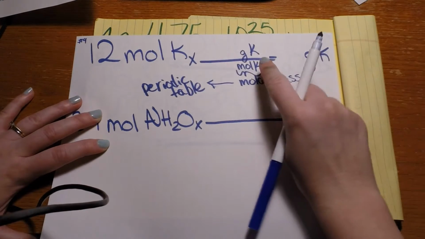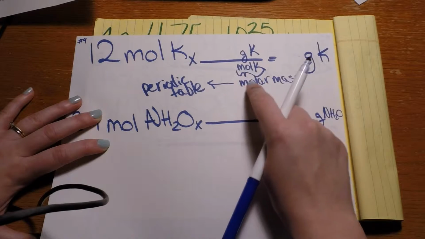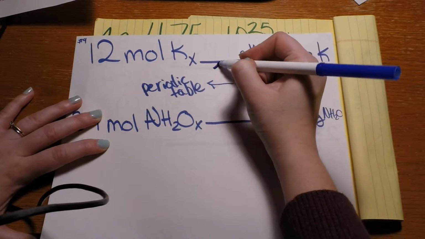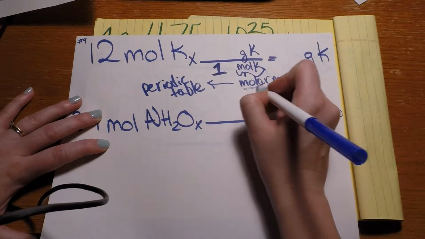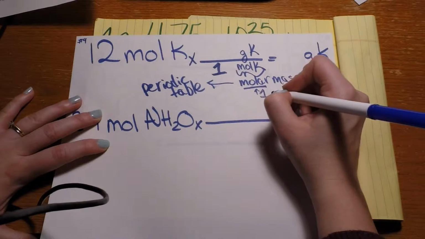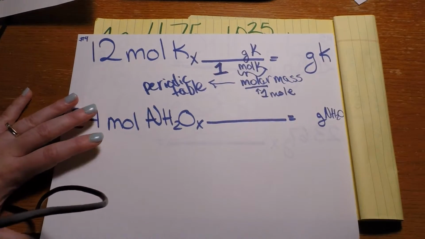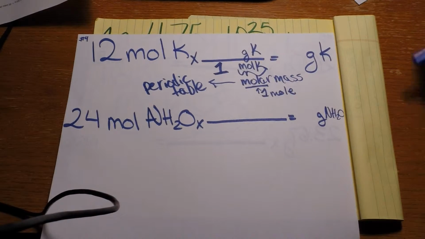Okay, so grams per mole of potassium, 1 goes here because in terms of molar mass, this is the mass of 1 mole. And then my molar mass on the periodic table goes here.